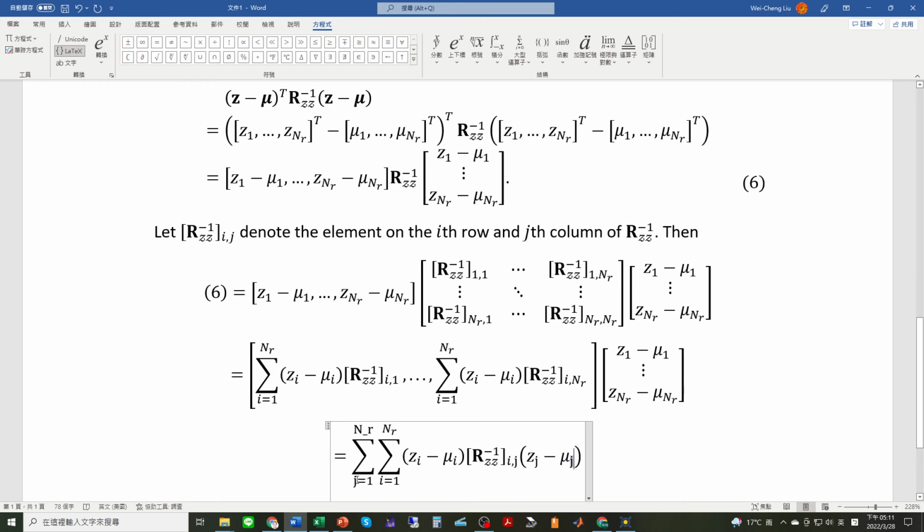So this is equal to J is equal to 1 to NR. Okay. So this should be italic, and this J should be italic, and this J should be italic, and this J should be italic.